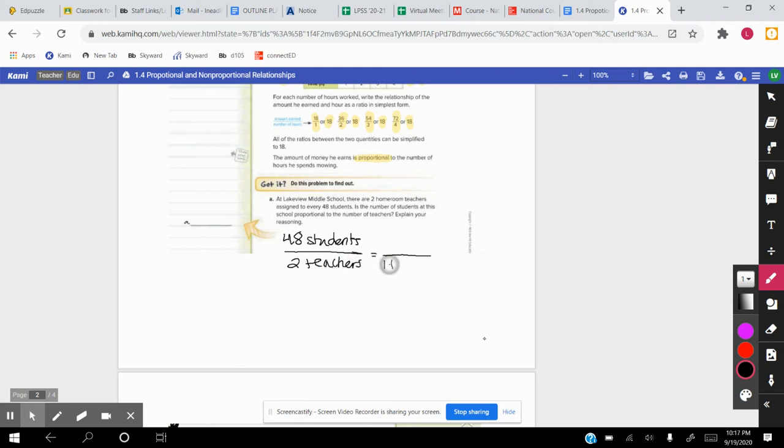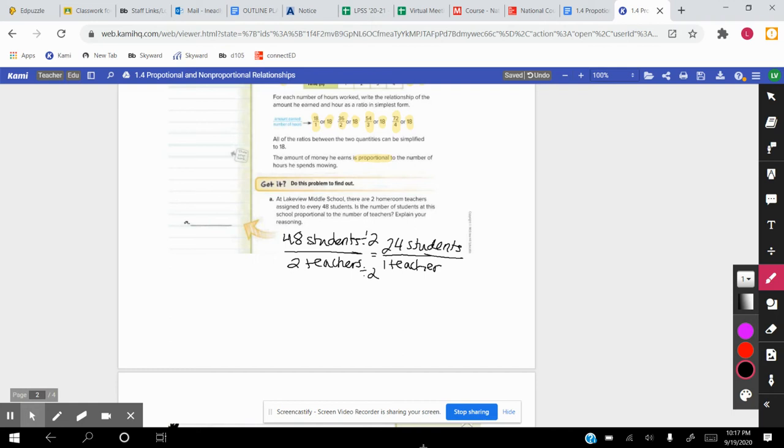I want to know how many students per 1 teacher. To get from 2 to 1, I had to divide by 2. Whatever I do to the denominator, I want to do to the numerator. So 48 divided by 2 gives me 24 students. So the ratio of students to teachers is constant.